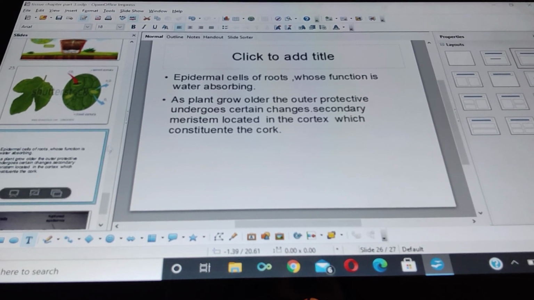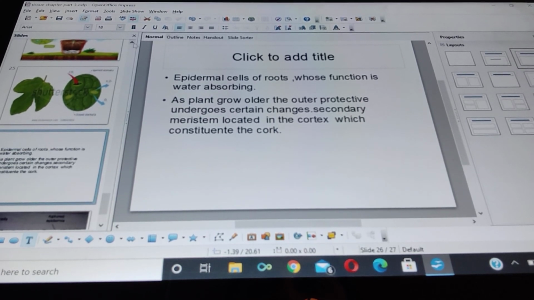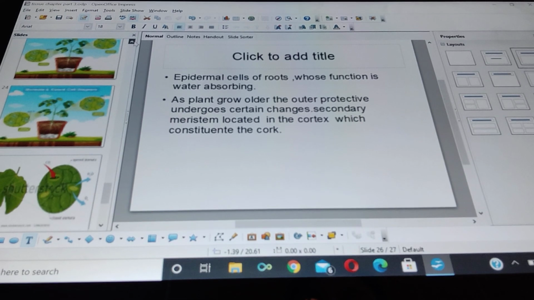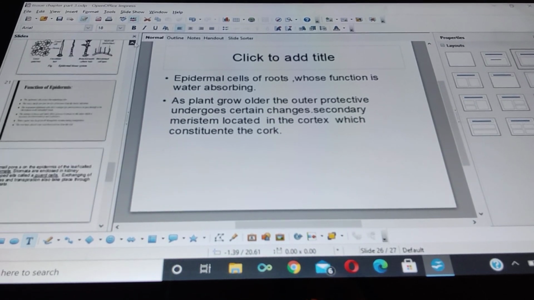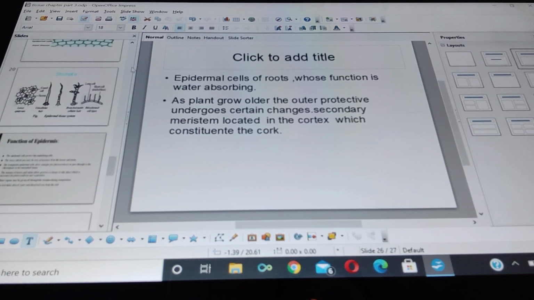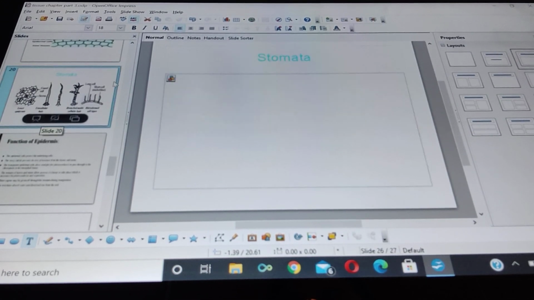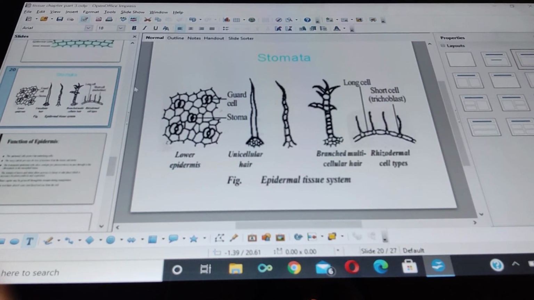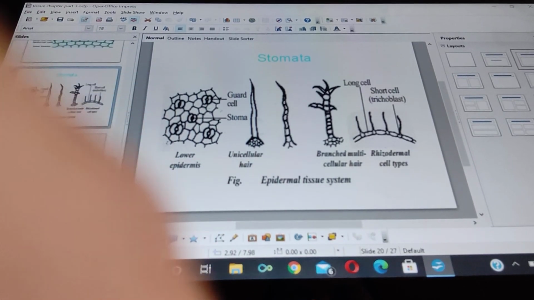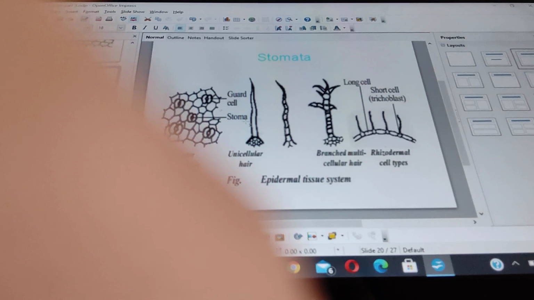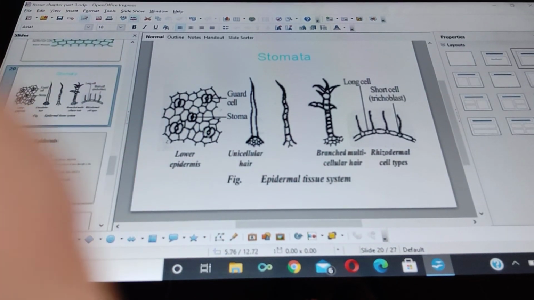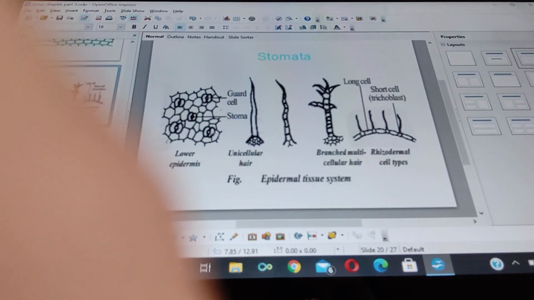So children, this is all about epidermis, which is the outer covering of the plant body. Here these are the diagrams which show the stomata and epidermal tissues present. These are the different types of epidermis present.